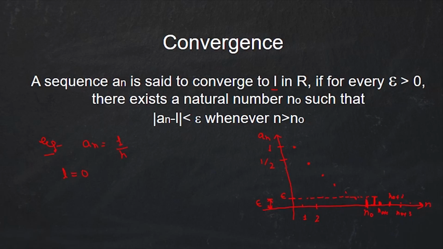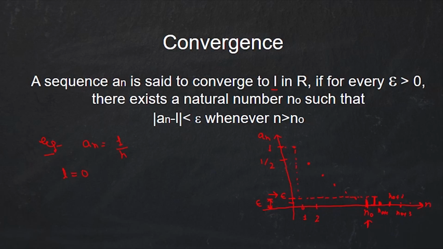So for this epsilon my n0 is this. For a smaller epsilon you can choose the n0 in the same way. You can draw a line parallel to the n-axis and have an epsilon and an n0 corresponding to that particular epsilon. If I choose my epsilon to be 1, then my n0 will be 1.